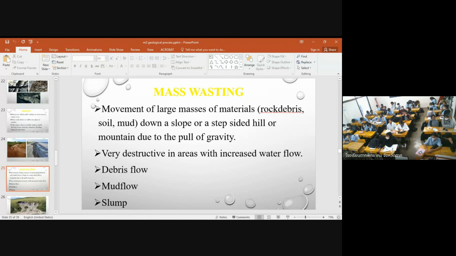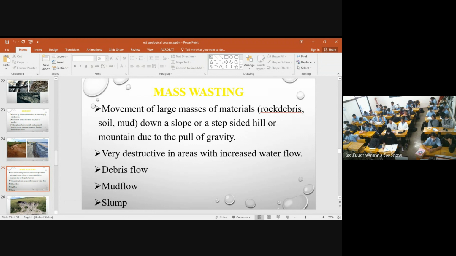Some of these cases are in mountains. That is mass wasting.